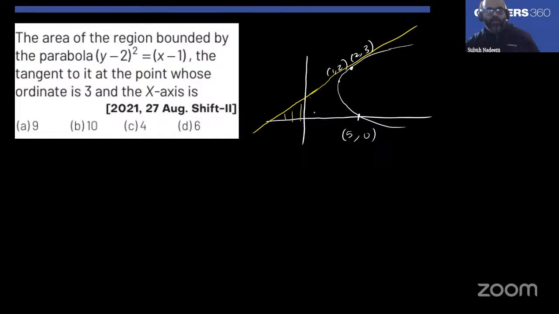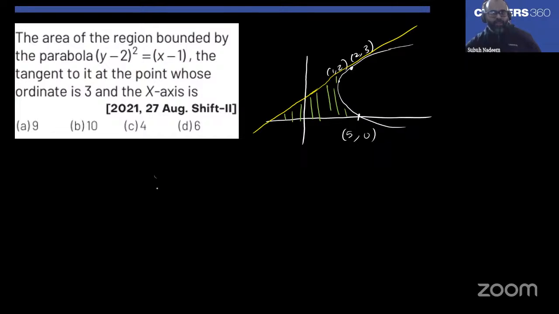So this would be the area which they are asking. So here let us take horizontal strips. Okay. So when we put the limit, we'll put the limit of y, not the limit of x, and we will express x in terms of y. So first let us find the equation of tangent.